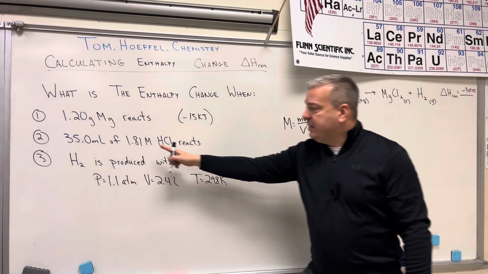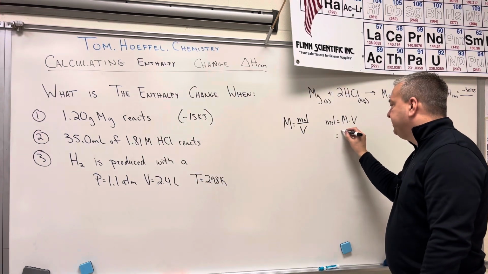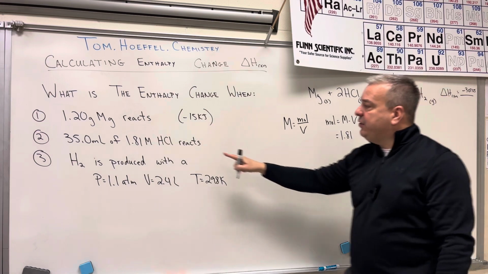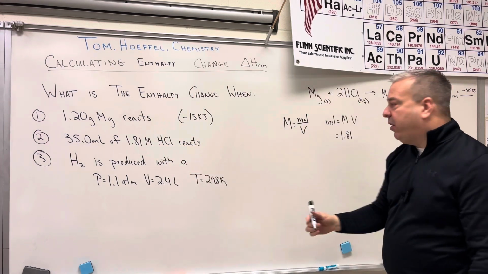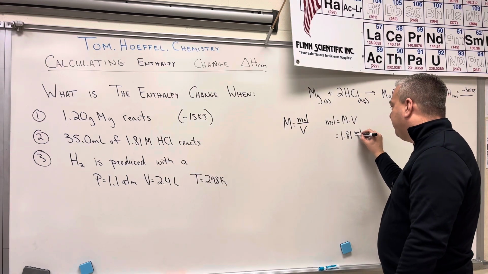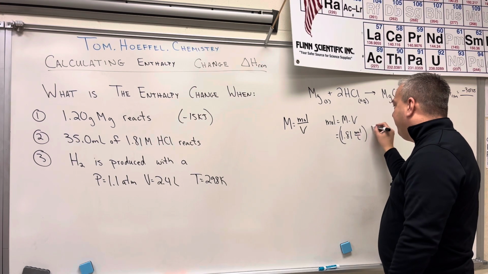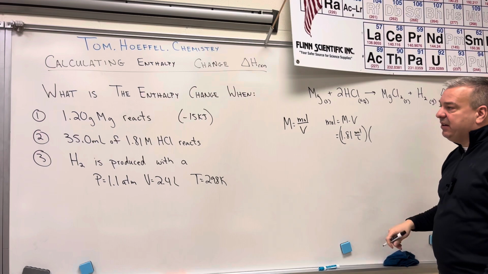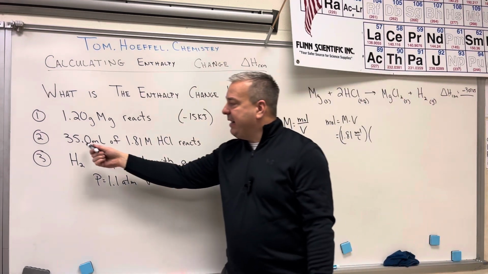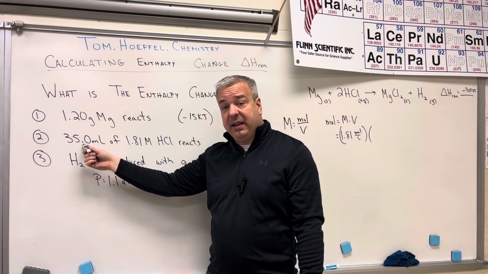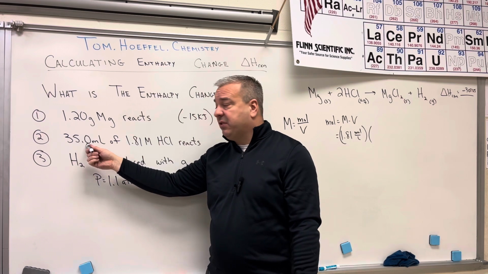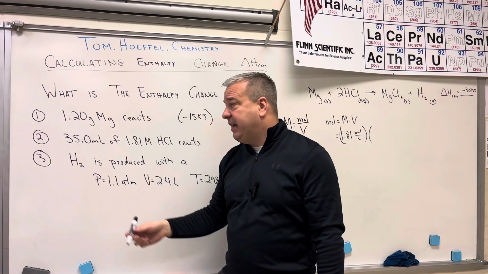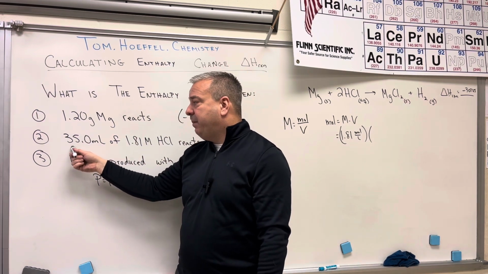The molarity is 1.81. I can use big M or I can use moles per liter. Now the volume has to be in liters if I want the liters to cancel out, and right now I have 35 milliliters. So I have to convert these 35 milliliters into liters, and I do that by dividing by 1,000.